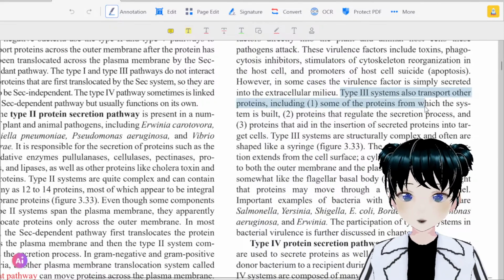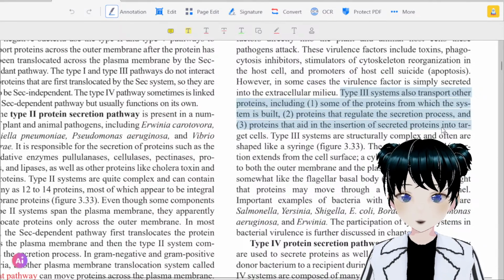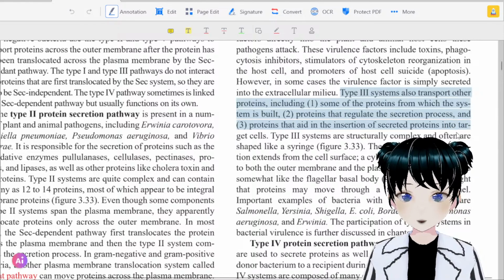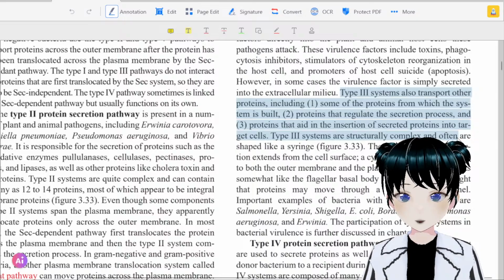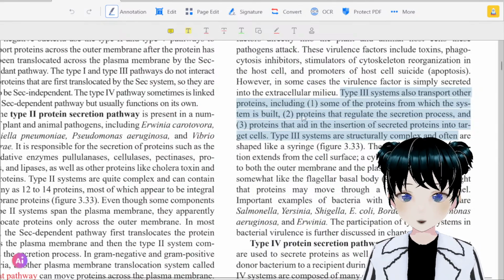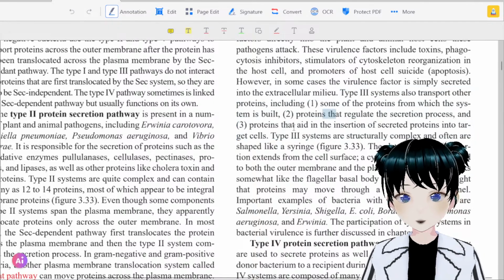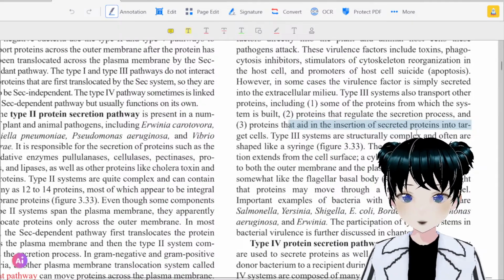The type 3 system also transports other proteins, including some of the proteins from which the system is built, proteins that regulate the secretion processes, and proteins that aid in the insertion of the secreted protein into the target cells. Some of the proteins are structural proteins, some are functional proteins, while some help other proteins.